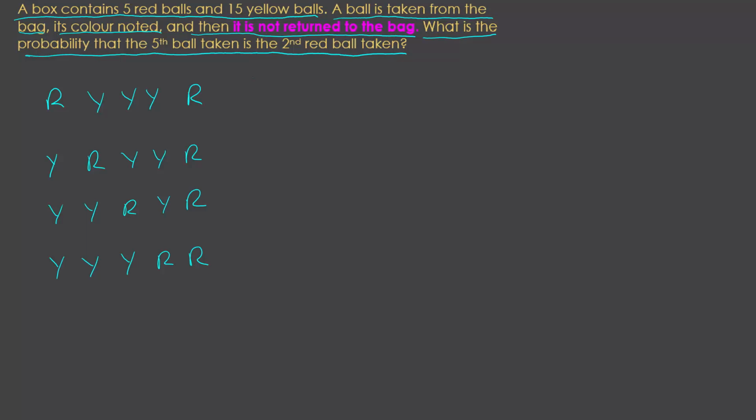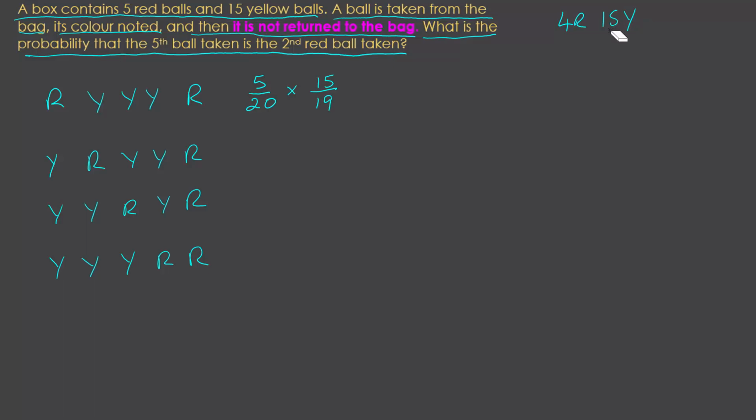So, getting a red the first time is obviously 5 out of 20. Then think about what the bag contains. It's got 4 red and 15 yellow at this stage. So to get a yellow next would be 15 out of 19.